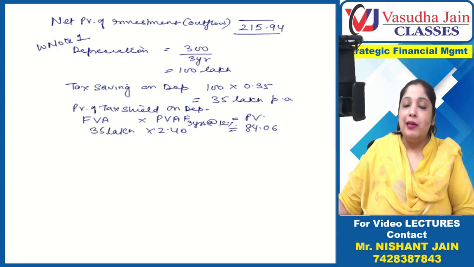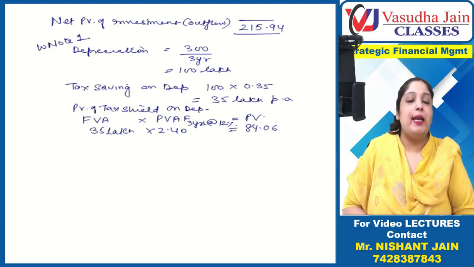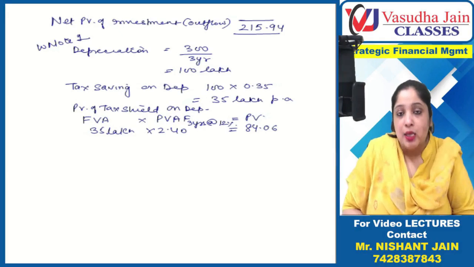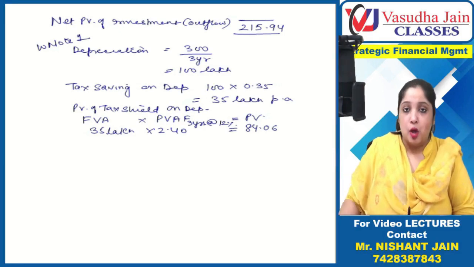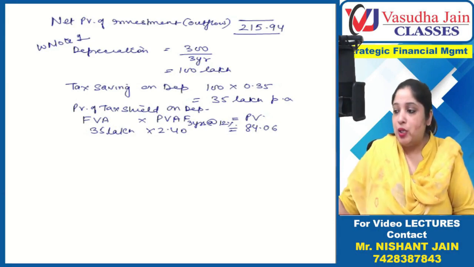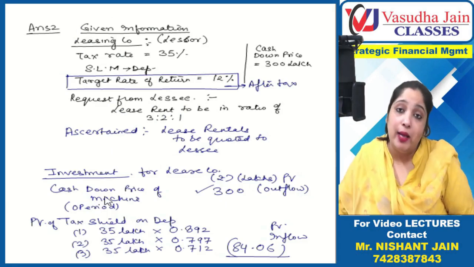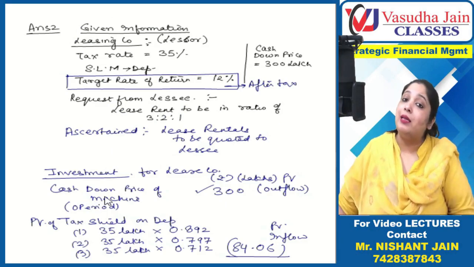Basically, you have to see how much net investment the leasing company has to make before giving on lease, that is, the net investment in the machine without considering the leasing option. If you purchase the machine, the outflow is the purchase cost. When you purchase the machine, you can claim depreciation also and the salvage, and in the last year you can sell the machine also.